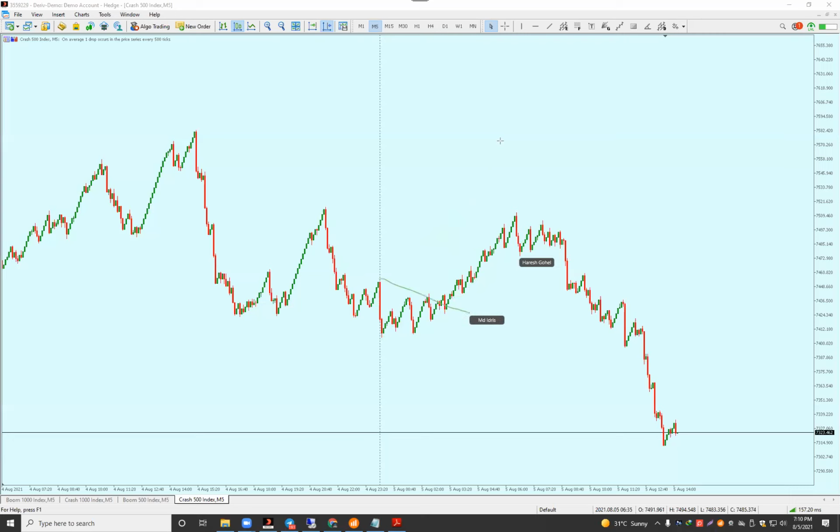Okay, nice. So, if you say this one, it will be the symmetrical, right? Yes, it will be the symmetrical. So symmetrical triangle, as I said, can be a continuation, it can be a reversal. It is possible, right? Okay.